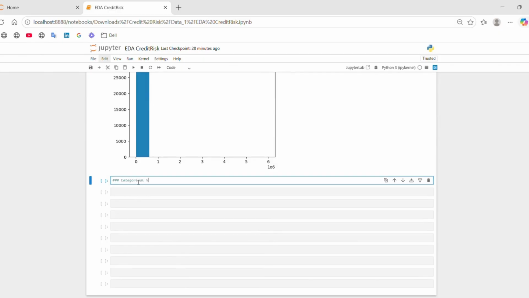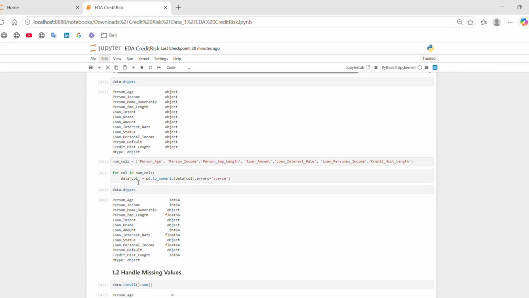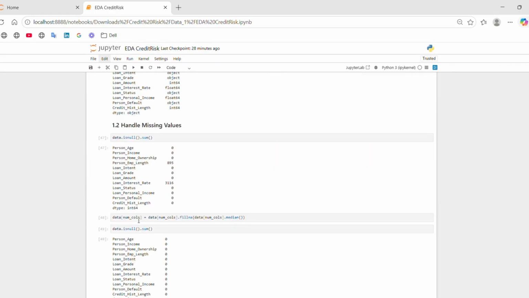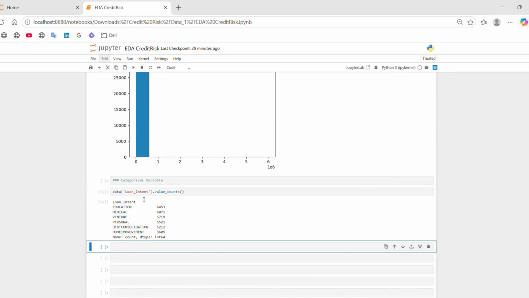Similarly, we can do this for a categorical variable as well. So let's pick up a categorical variable, loan intent. Since it's a categorical variable, we'll do value counts to understand the different category counts.